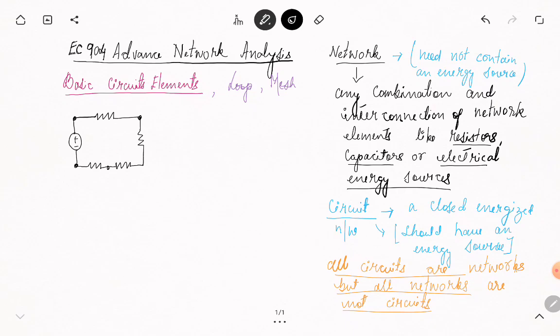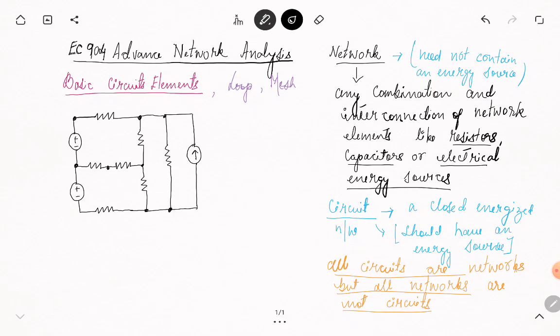So we can see two voltage sources till now, with some resistors. And here is a current source I.